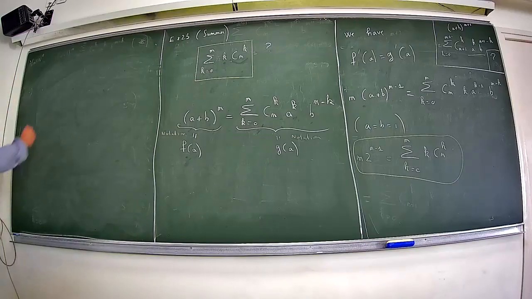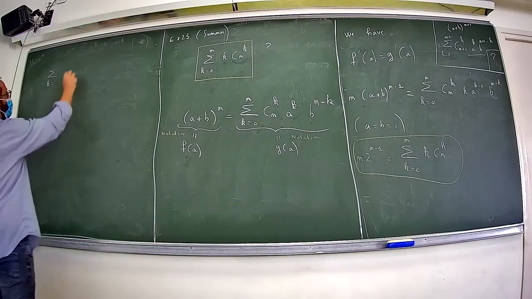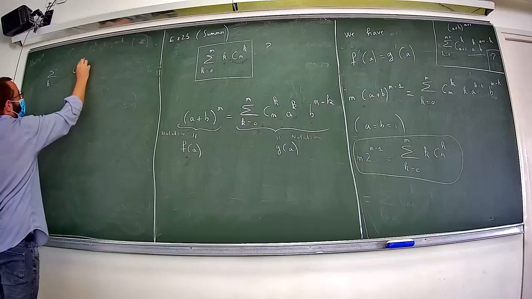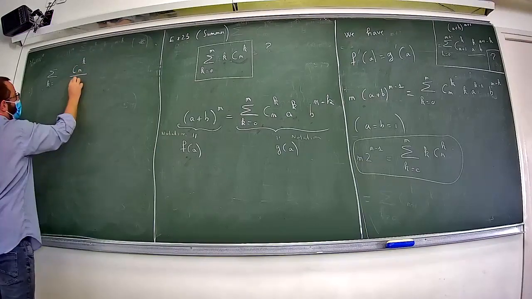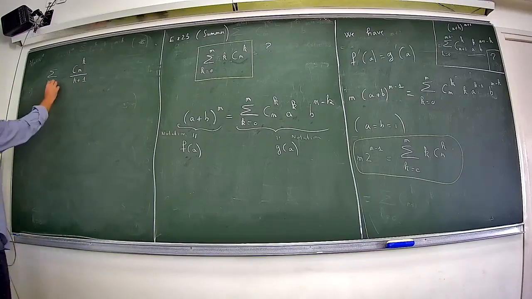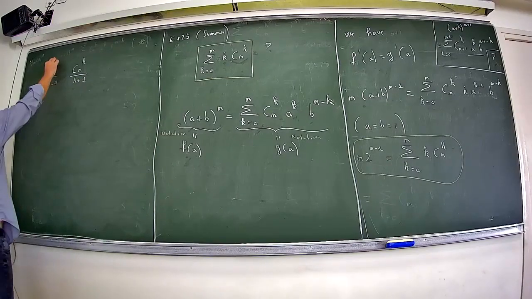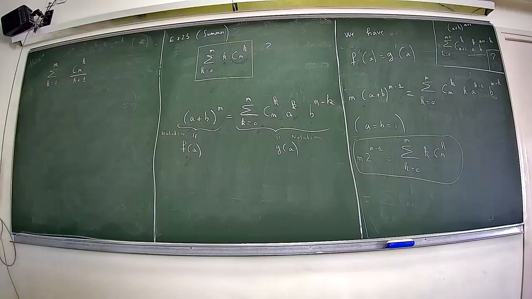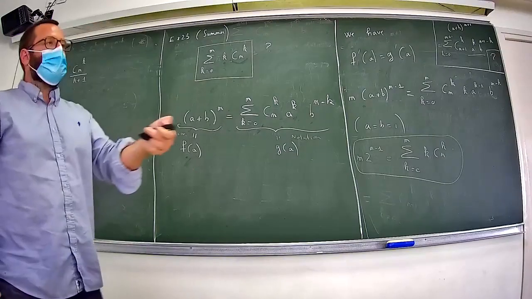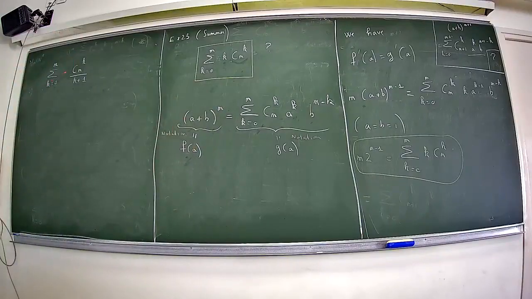What I am interested in is the sum of c and k over k plus 1, from k equal to 0 to n. It's exactly what I have written here.